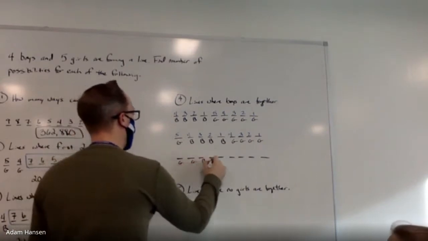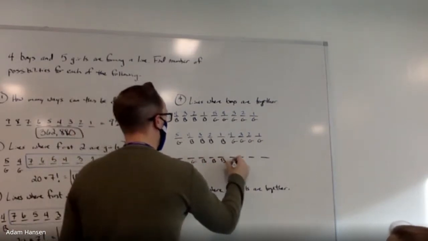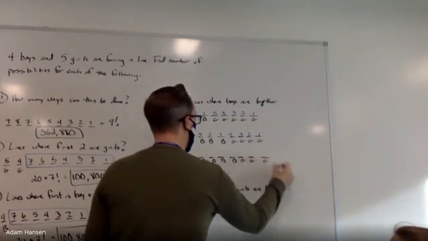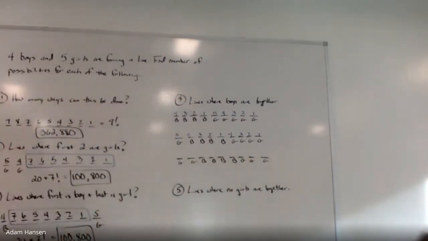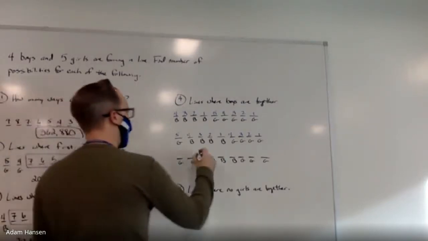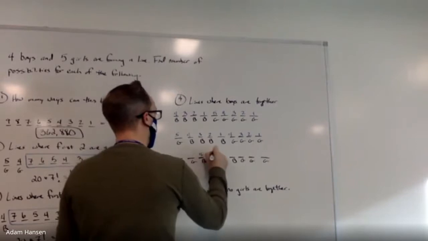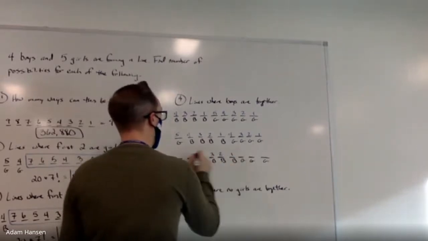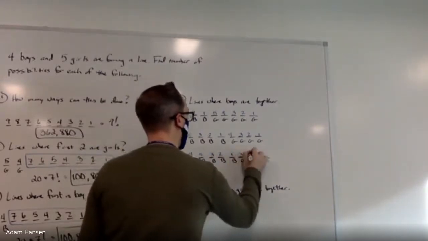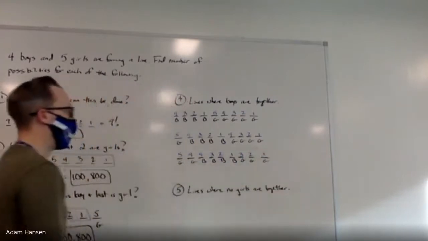Now I can have girl, girl, boy, boy, boy, boy, girl, girl, girl. I'll put 2 girls in front of the set of boys. 4, 3, 2, 1, 5, 4, 3, 2, 1.